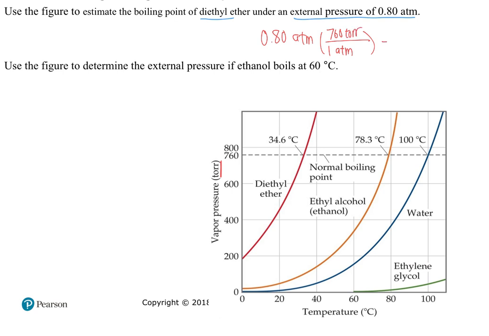And that gives us a pressure of 608 torr. So to find the temperature at that point, find 600 on our graph. It's about right here. We're going to go over until we hit the curve we want. We want diethyl ether, so we hit it a little bit above 600.